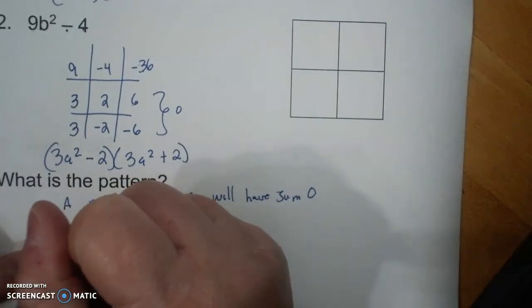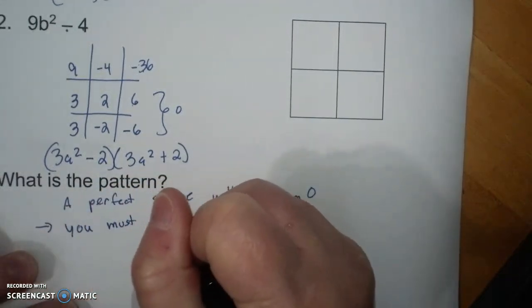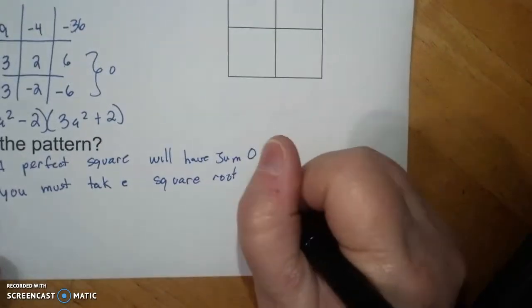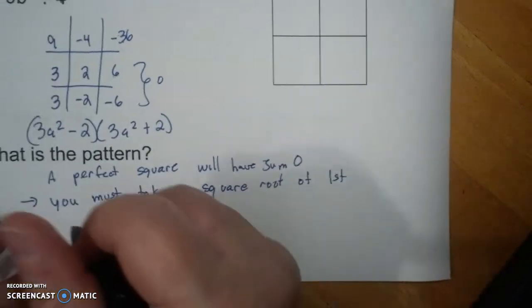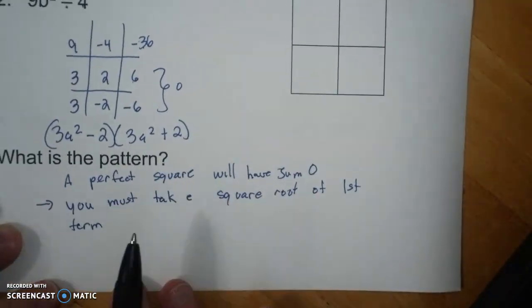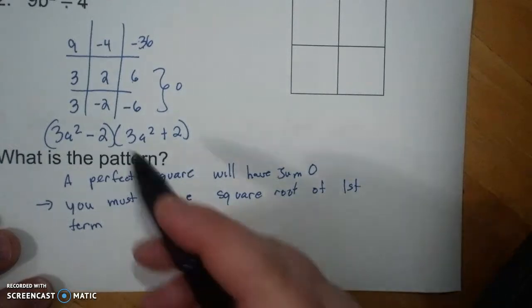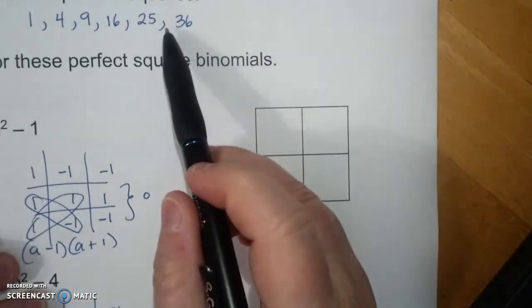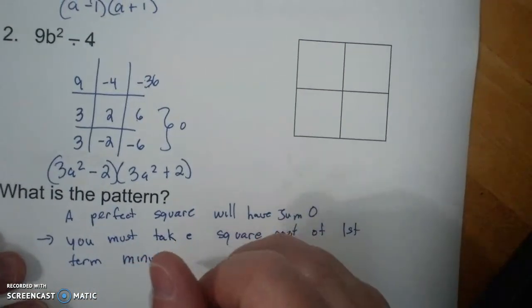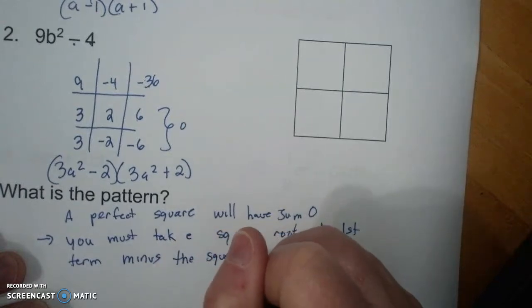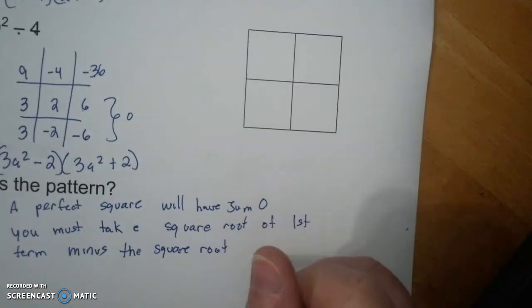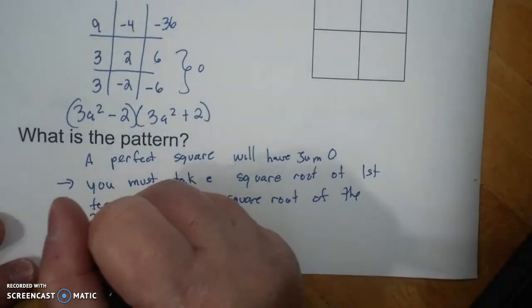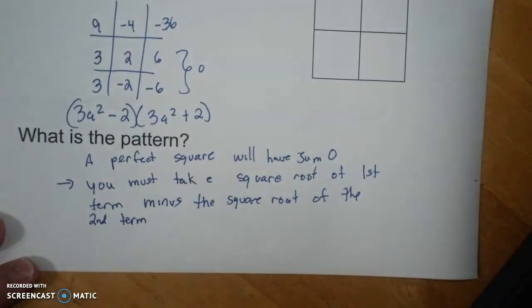And then the formula: you must take the square root of the first term, the first monomial, minus, that's where the word difference comes from, minus the square root of the second term, or monomial.